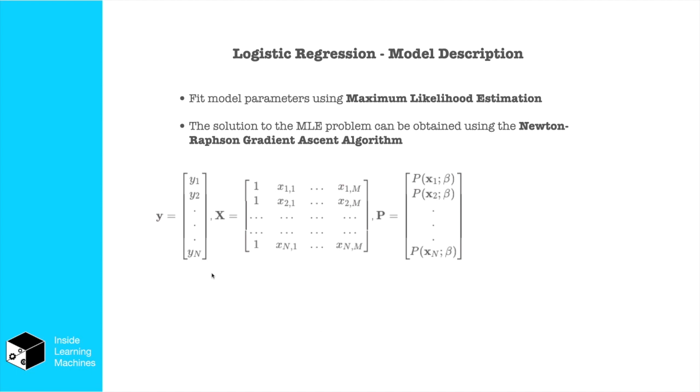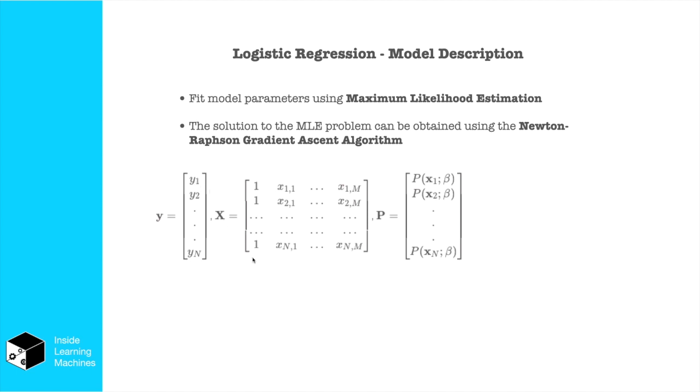So if we actually form up these mathematical objects, the column vector y is just the list of our labels, our target. Our training data will just consist of n samples. So this column vector has a total of n entries in it, one target per sample.